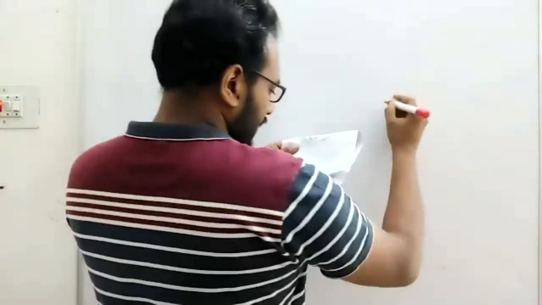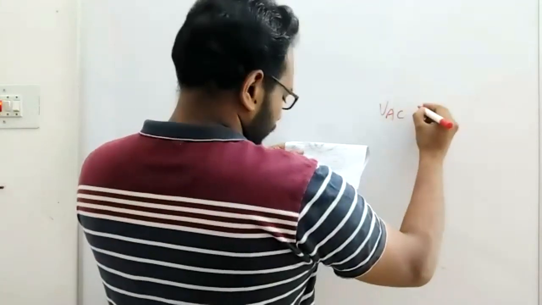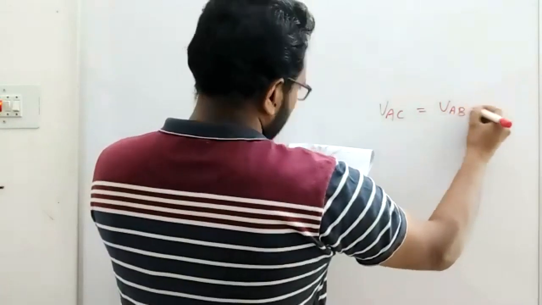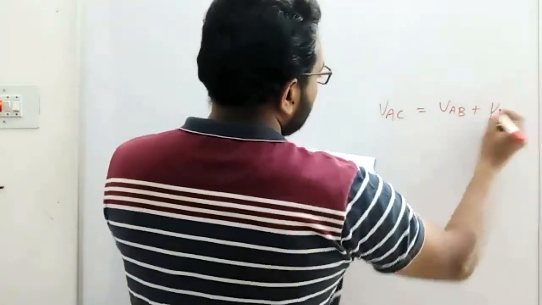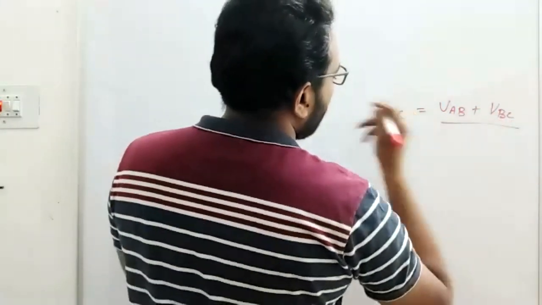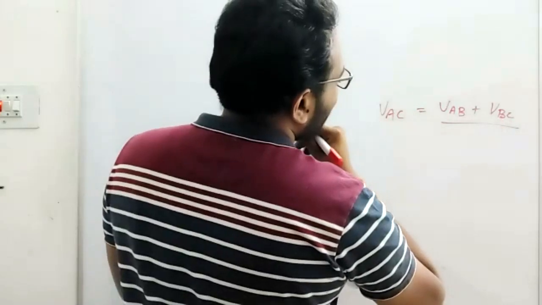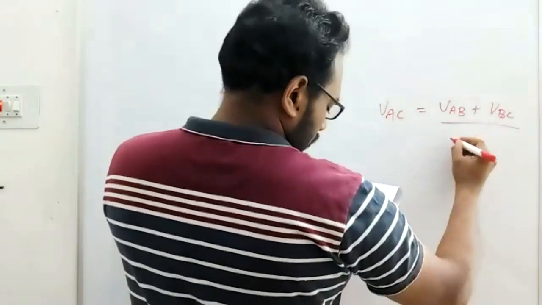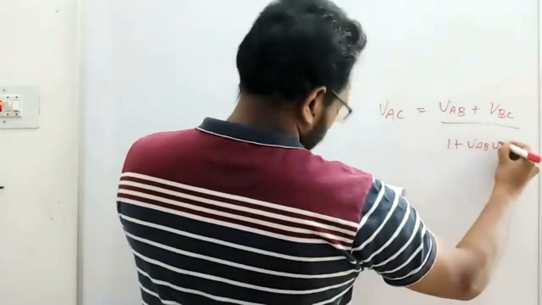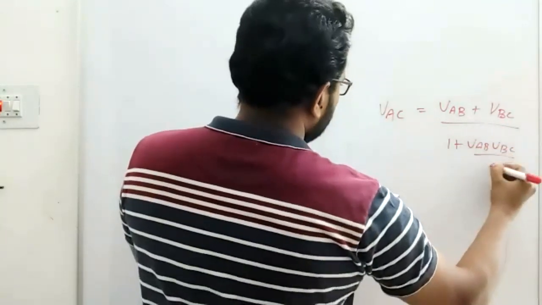I am sorry for mixing it up. I'll just write it again. V_AC is equal to V_AB plus V_BC, divided by 1 plus V_AB V_BC by C square.